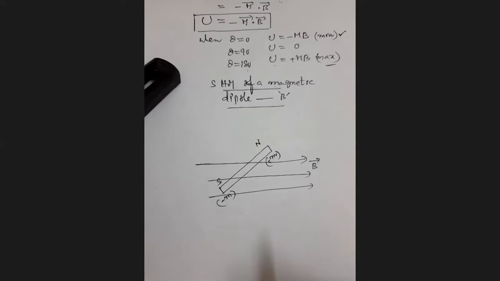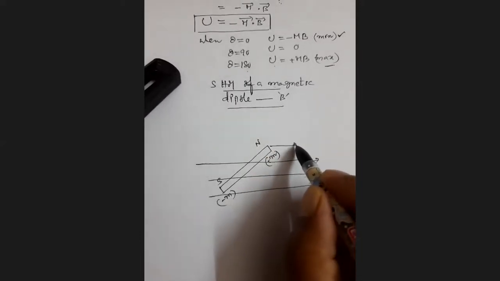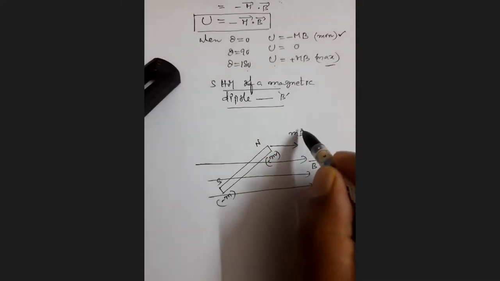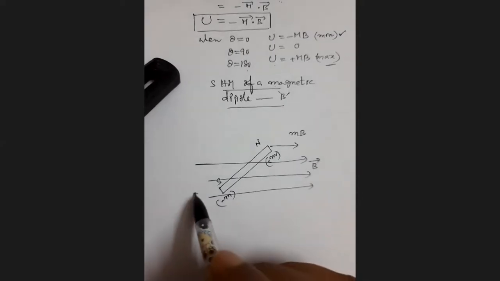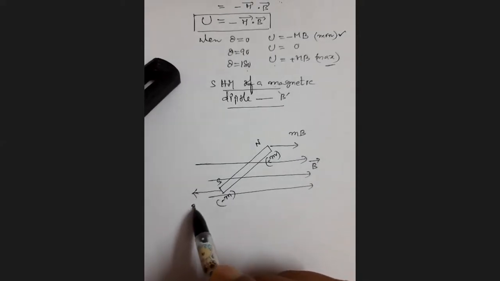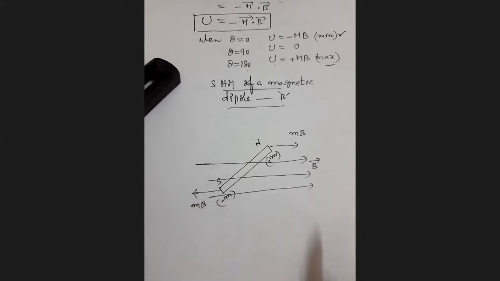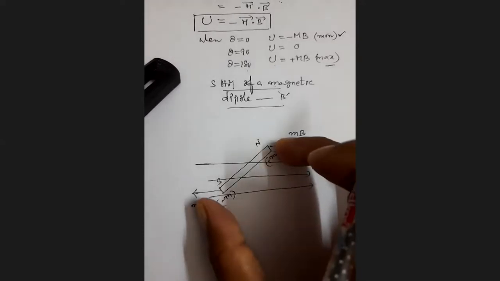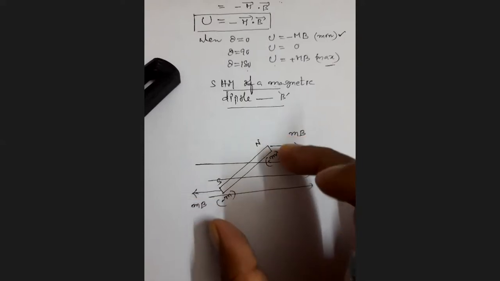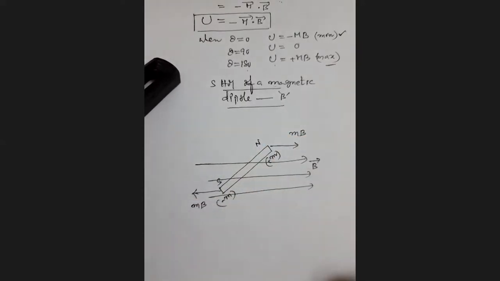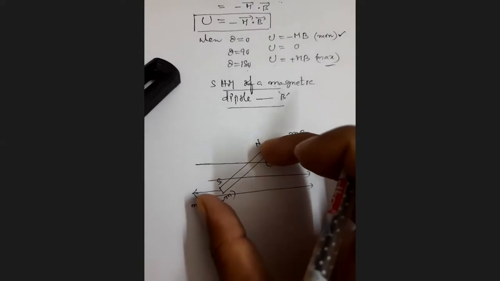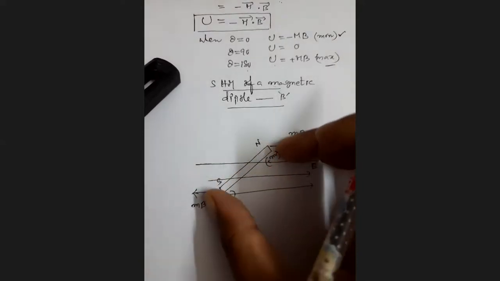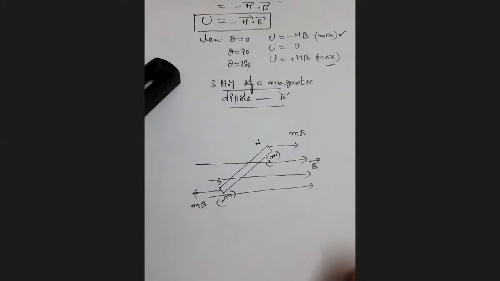Okay. Now on the north pole, the force MB acts parallel to the field. On the south pole, the force MB acts anti-parallel to the field, right? So due to the two equal and opposite parallel forces, a couple acts on the bar magnet, and the dipole tries to come to rest along the field direction, right?